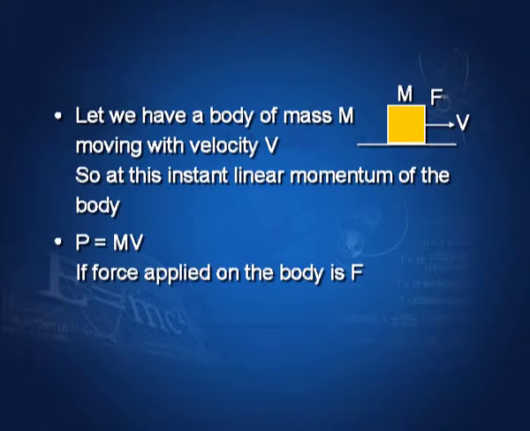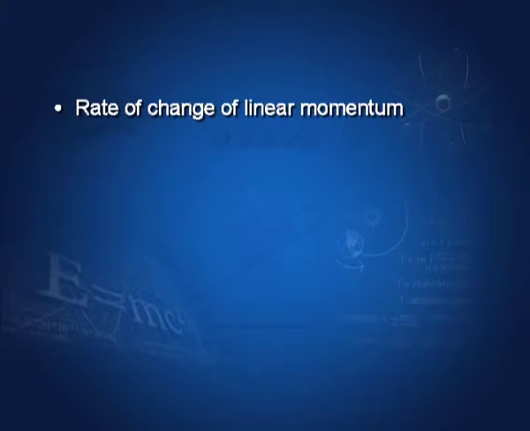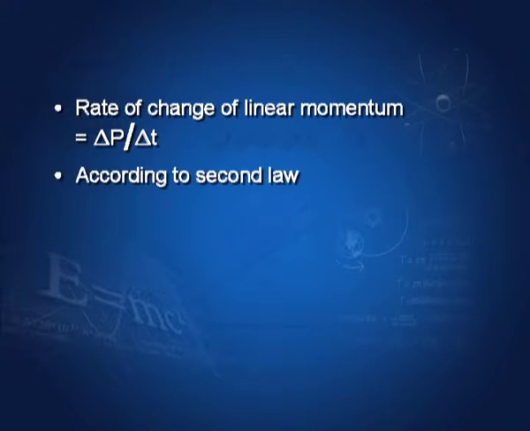If the force applied on the body is F and in a small time delta t the linear momentum changes by delta p, then the rate of change of linear momentum is equal to delta p upon delta t. According to the second law, delta p upon delta t is directly proportional to the force applied on the object. That means, delta p upon delta t is directly proportional to F.